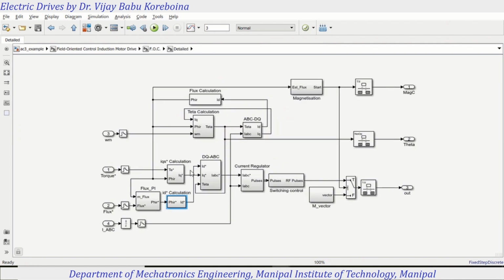IDS calculation and then IQS calculation. This is IQ and this is ID calculation through flux. From the required flux, you are going to estimate the values.